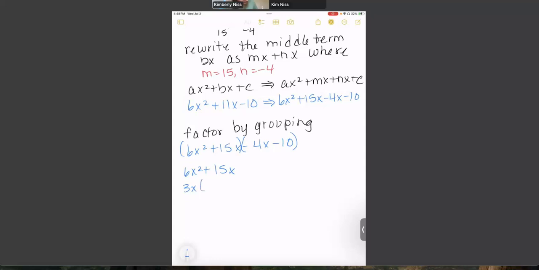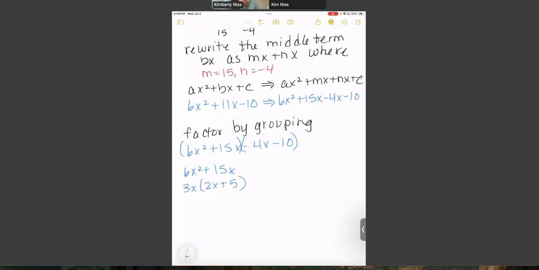And that's going to leave 2x plus 5. Because if you take 3x out of 6x squared, we're pulling out an x, so that leaves an x behind. But 3 times 2 will give us our 6 back. And in the case of 15x, when we pull out an x, we're not left with any more x's there, but 15 divided by 3 is 5. So that's how we got 2x plus 5.